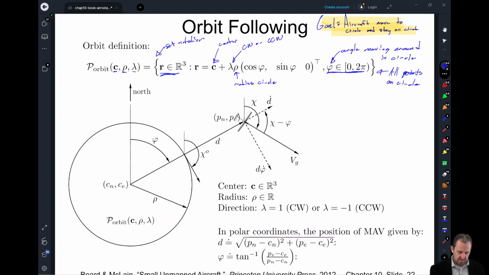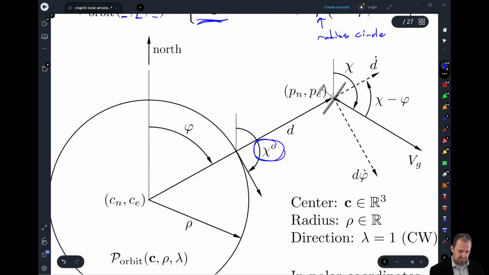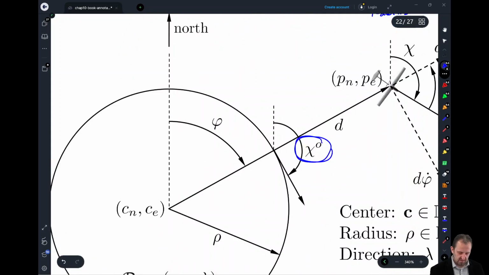If we look at this angle right here. So this is again defined from the north. This is going to be chi super naught, the course angle that we would like to follow. This is the course angle to stay on the circle.